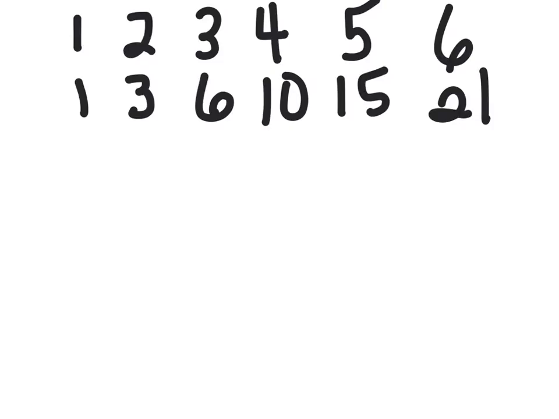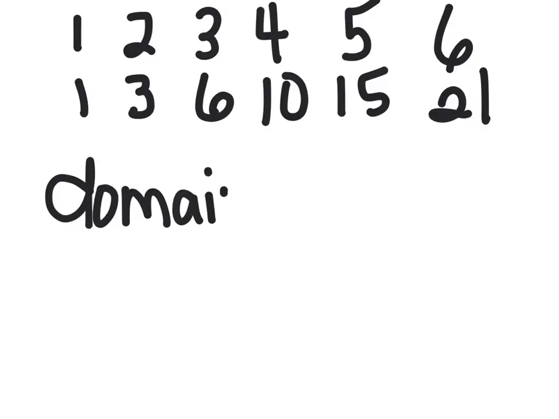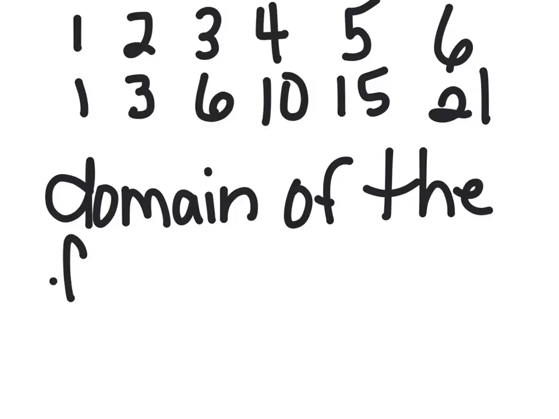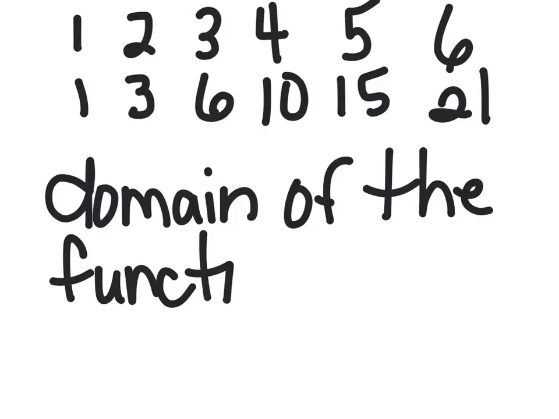Now, the collection of all the input values, and that's what we had here, is called the domain of the function. And the collection of outputs is called the range of the function.